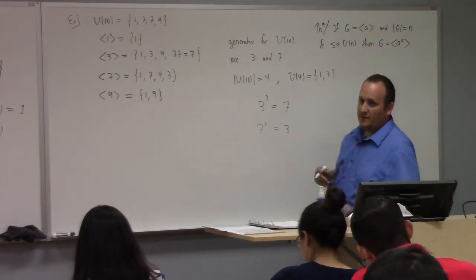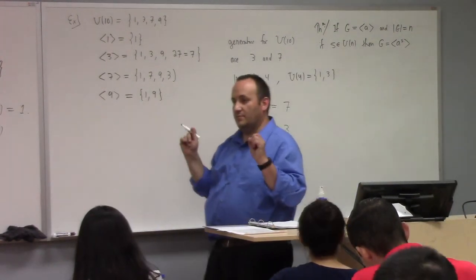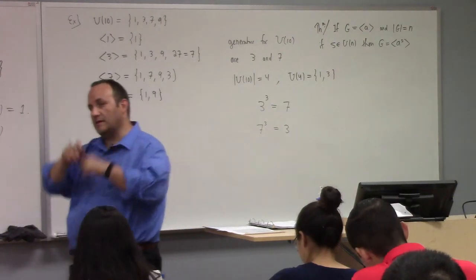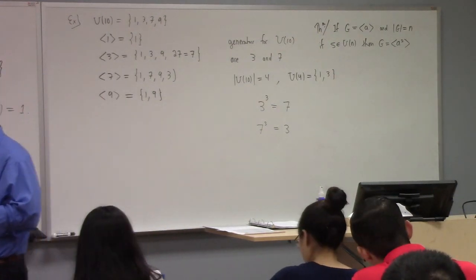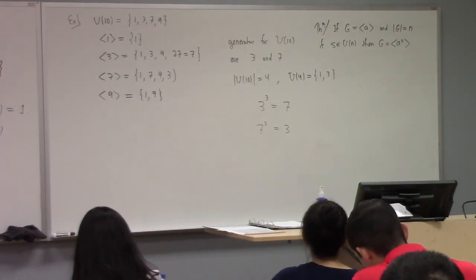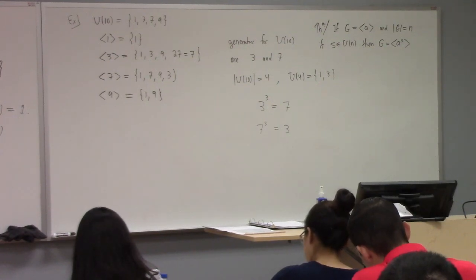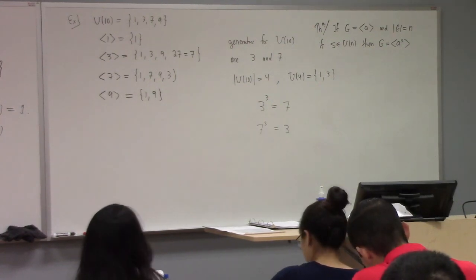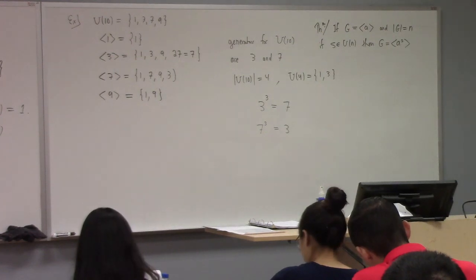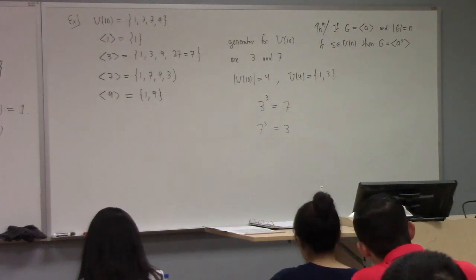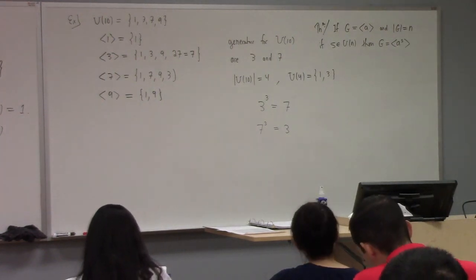In other words, if you have one generator, you can raise it to any power that's present in the group of units for the order of the group. That's why this happened over here.